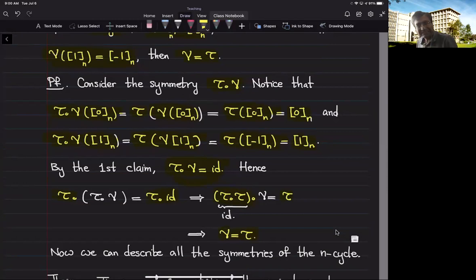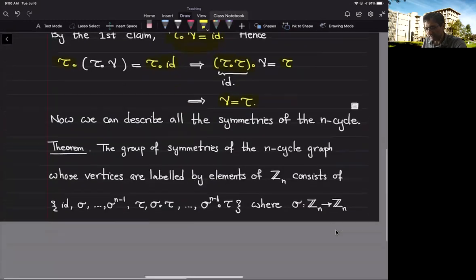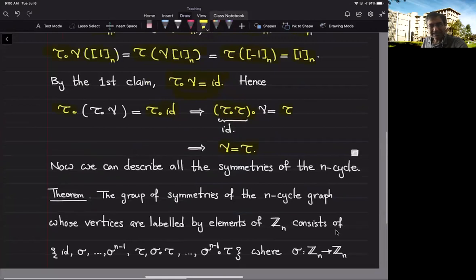Now we have a complete understanding of symmetries that fix the point zero. So either it's identity or it's this tau. Knowing this, coupled with the fact that zero can be sent to any other vertex using powers of sigma, knowing these two facts is enough to describe all the symmetries of the n-cycle. Okay, let's see. The claim is that every symmetry of the n-cycle is given by one of these elements.